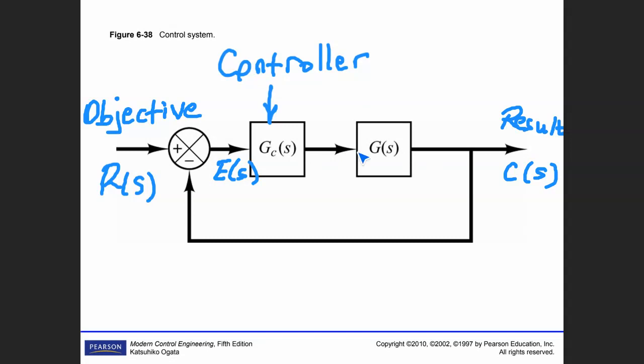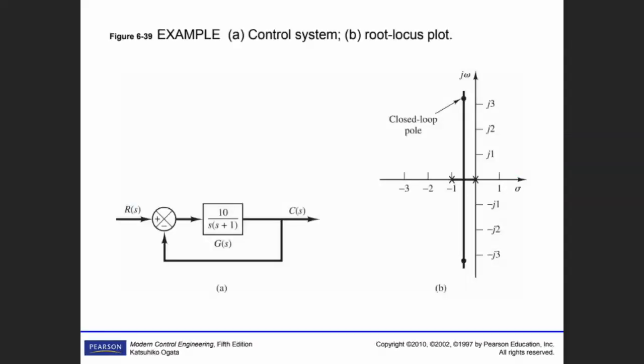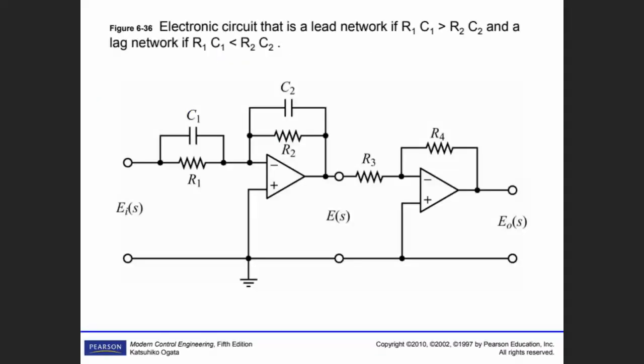Now we are talking about the lead compensator. If we are not happy about the performance of the control system, then we add a lead controller to this system. We studied that last week. That is the general system with the compensator equivalent circuit. You can see that it's an operational amplifier circuit, and the output over input is your controller.